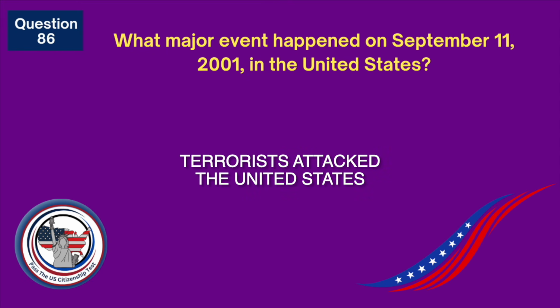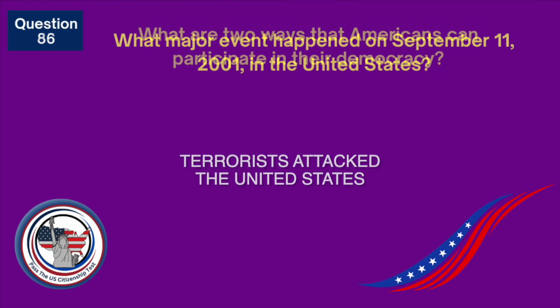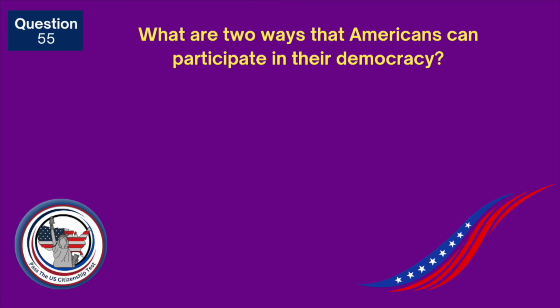Terrorists attacked the United States. What are 2 ways that Americans can participate in their democracy? Vote. Join a political party.